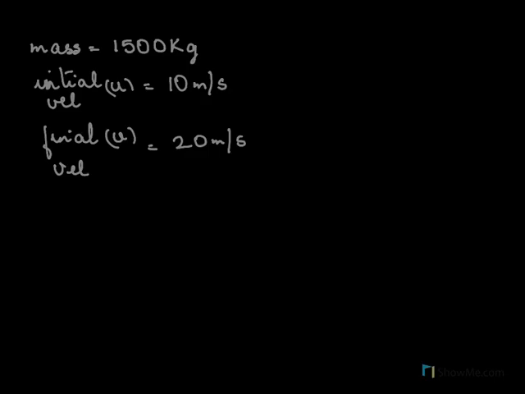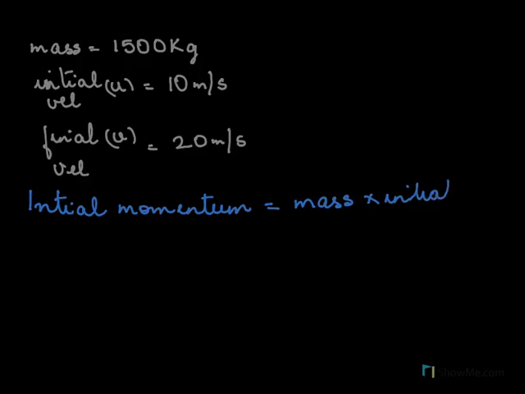Here we need to know the change in momentum, and the change in momentum is final momentum minus initial momentum. So to find initial momentum, momentum is mass into velocity, so initial momentum will be mass into initial velocity. That is m into u.